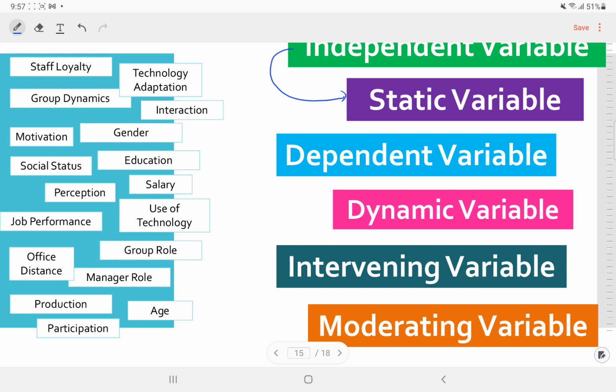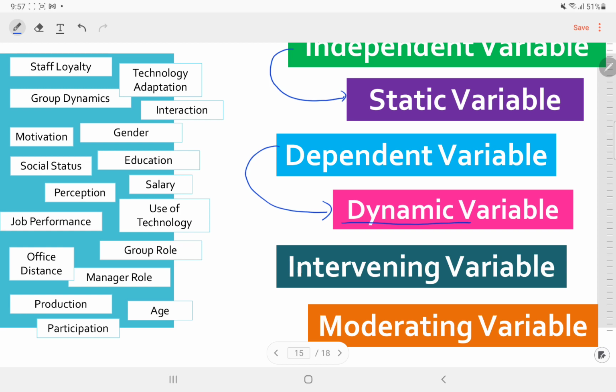Why static? Because they are not influenced by other variables, so they just keep the same value. But the dependent variable, or dynamic variable, can be influenced by the others, so that's why it is dynamic.